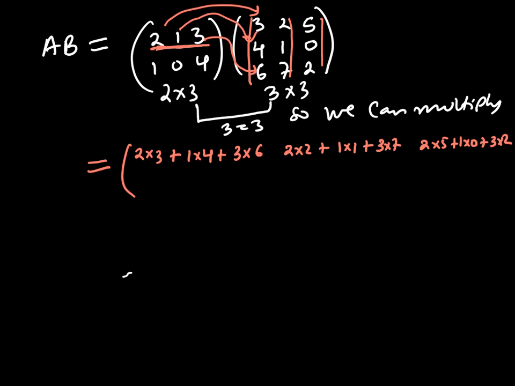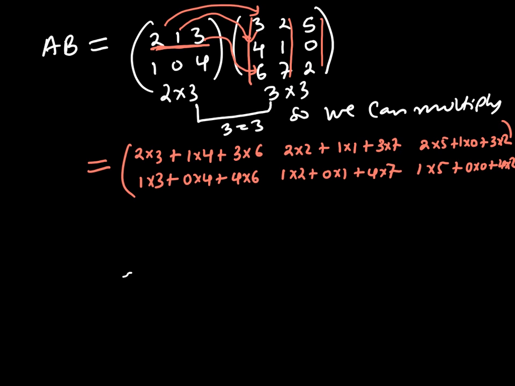Then the lower row, or the second row, we have 1 times 3 plus 0 times 4 plus 4 times 6. Then 1 times 2 plus 0 times 1 plus 4 times 7. Then 1 times 5 plus 0 times 0, then plus 4 times 2.